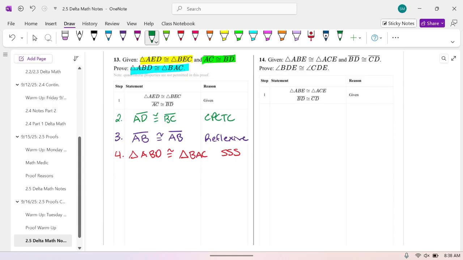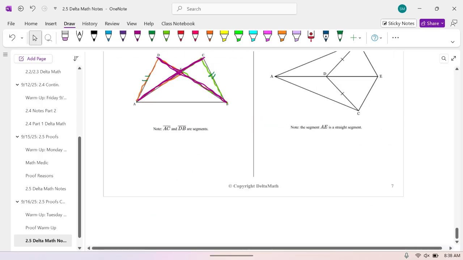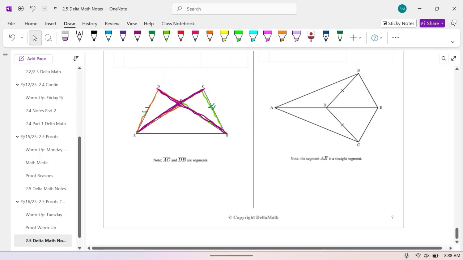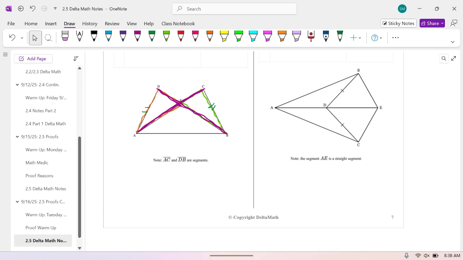Now, if I wanted to prove it by side, angle, side, same number of steps. Let's say I switch these out. I know I'm kind of writing it over in 14, but we already did 14 for warm up. So, if I want to do side, angle, side, which angles would I have to prove is congruent? D and C. Can I prove that they're congruent? Yes. By what?